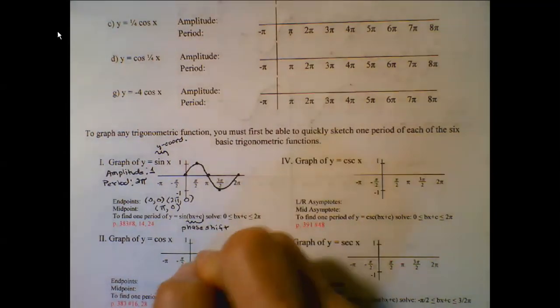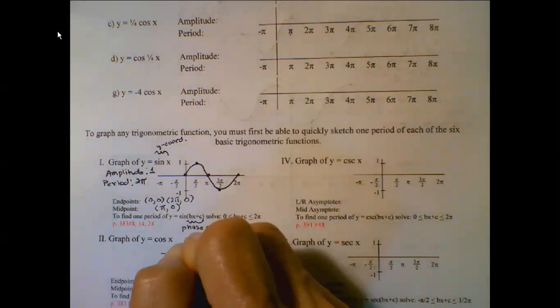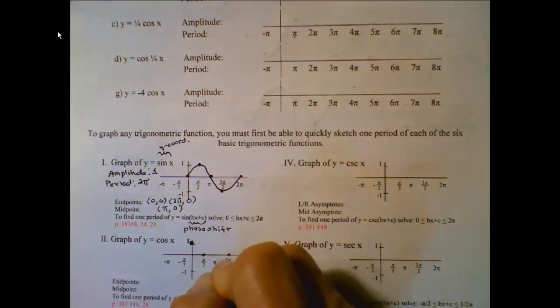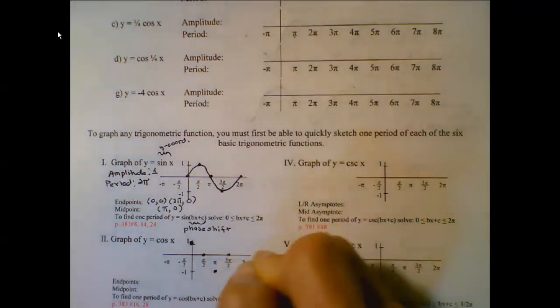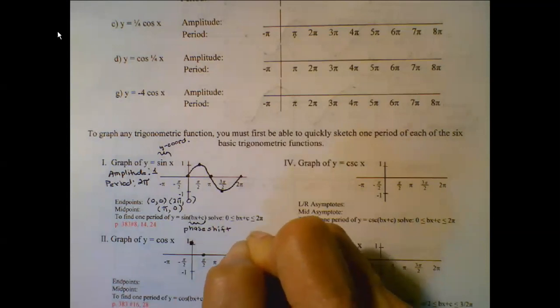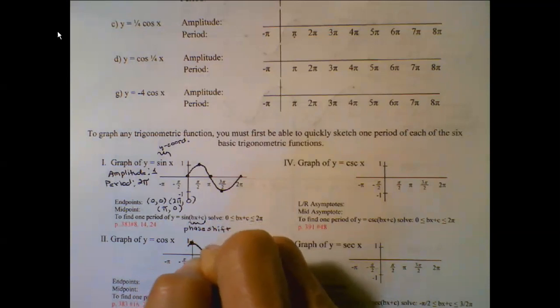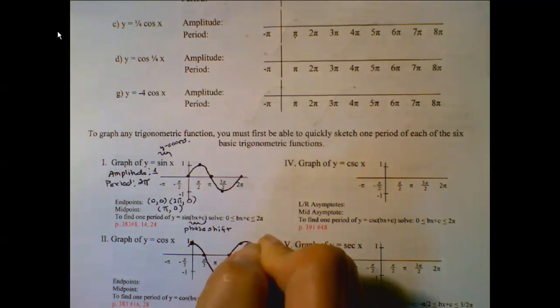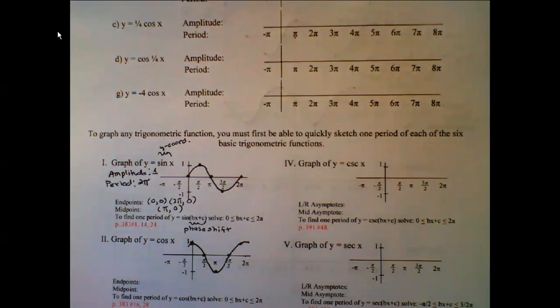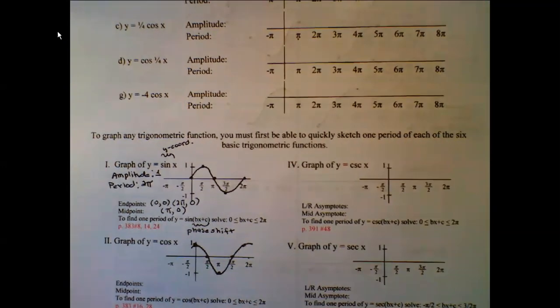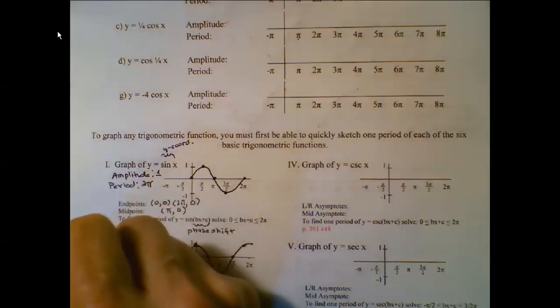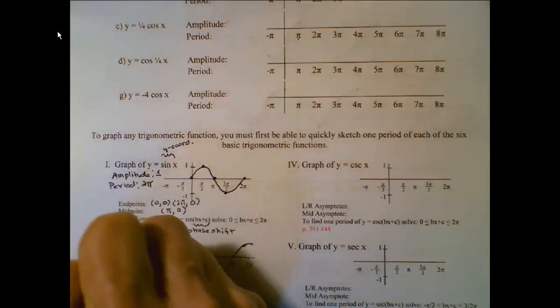And I know at 0, cosine is 1. At pi, cosine is -1. At 2 pi, cosine is back to 1. So over that period from 0 to 2 pi, remember cosine looks more like a U. Its amplitude is 1.